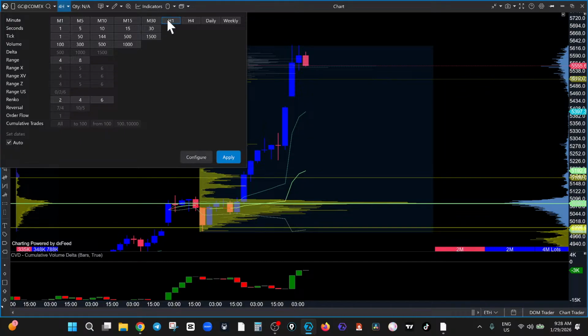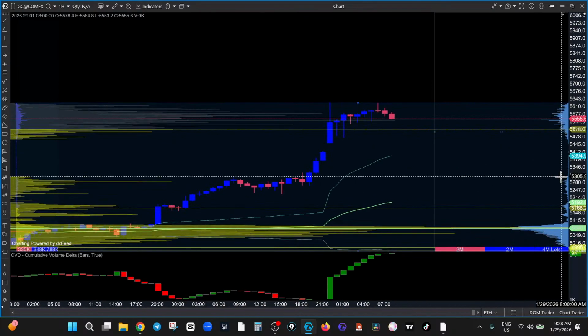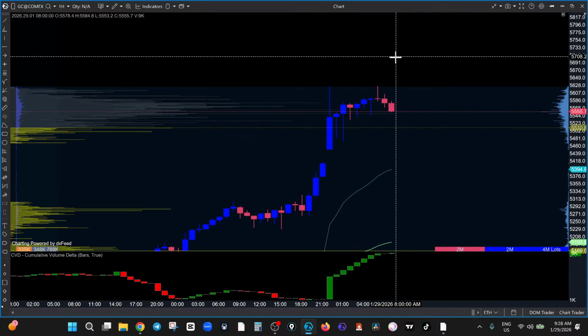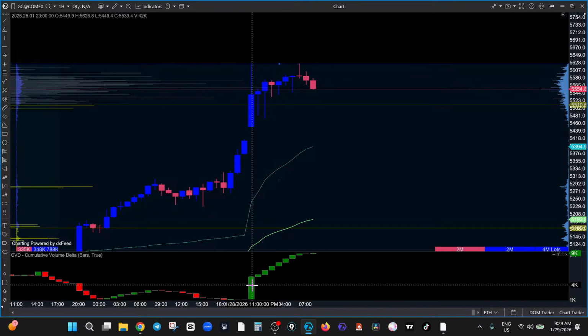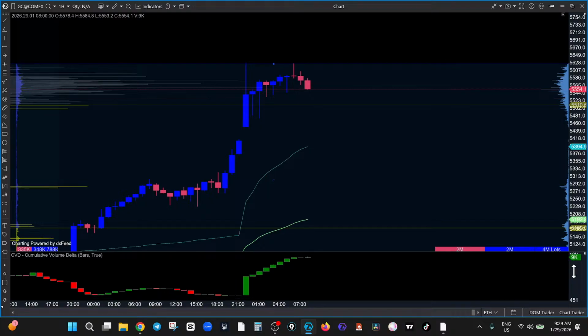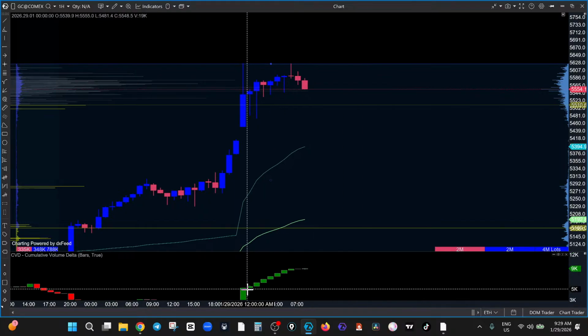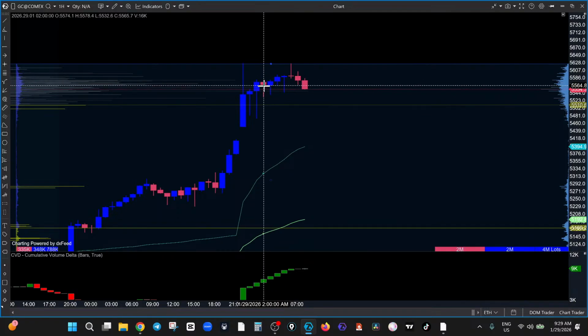But for now, we are just simply waiting to see what will happen. Now you can see it within the 1 hour. Within the 1 hour, you can see strong buyers coming in here. They are coming in, but you can see here, red candle here.